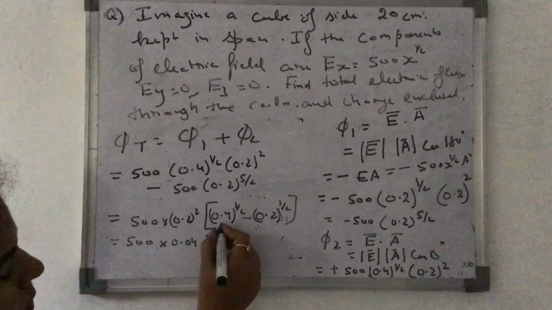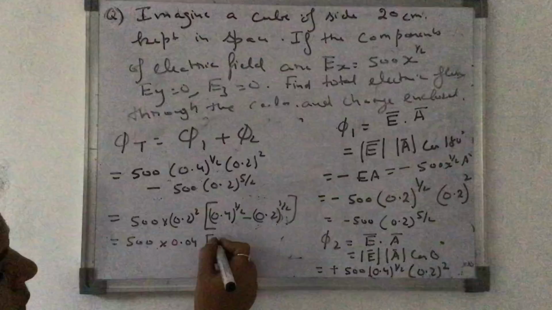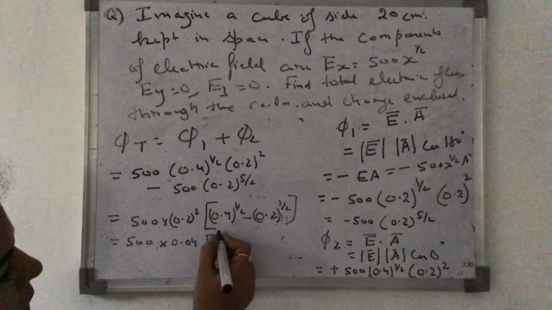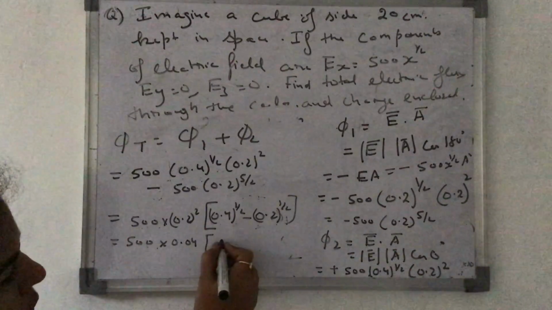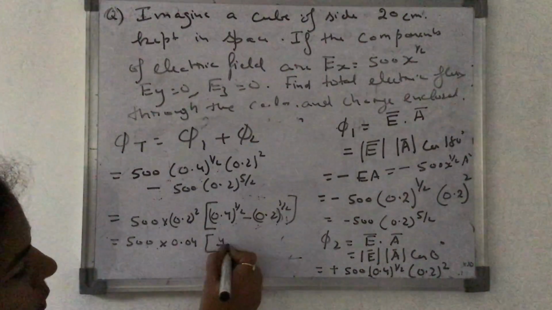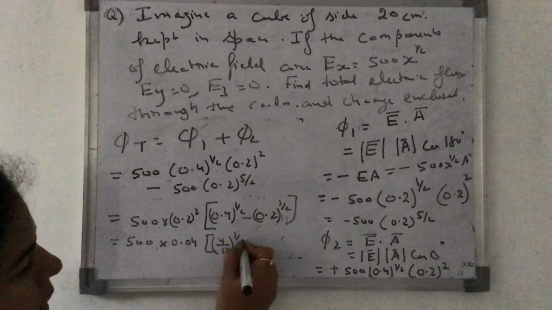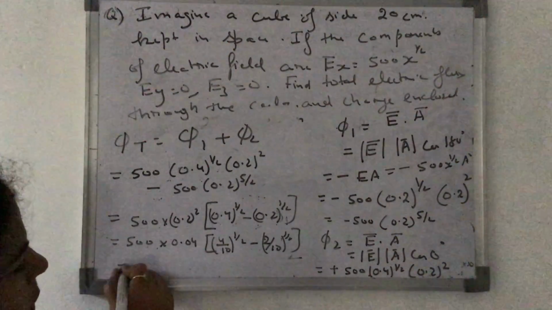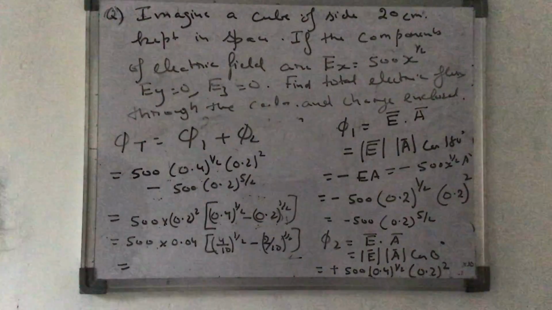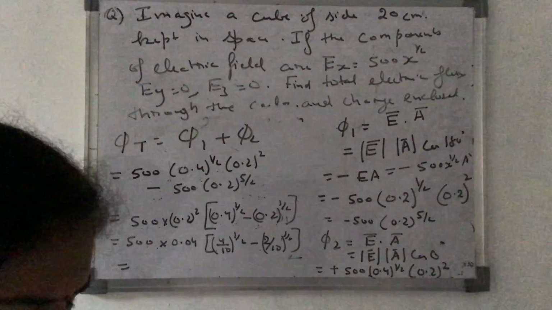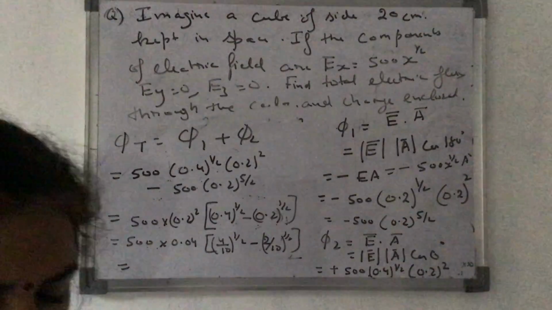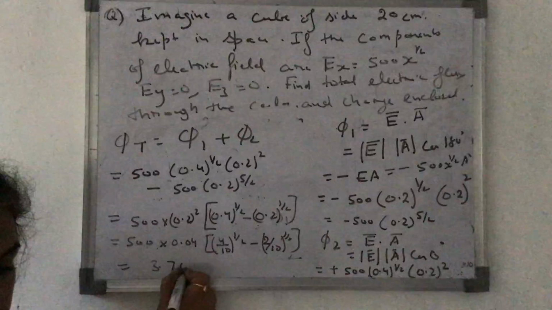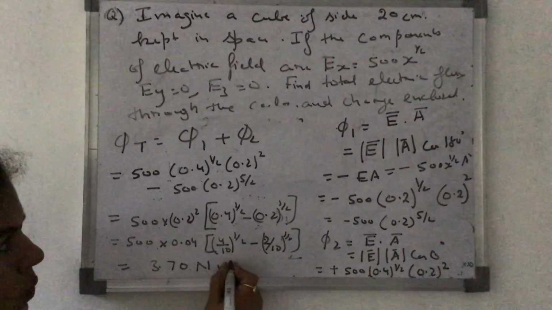I can't take the root of 0.4 directly, so I have to solve for this, taking the half power of 4/10 and the half power of 2/10. And the final answer which we get is 3.70 newton meter square per coulomb.